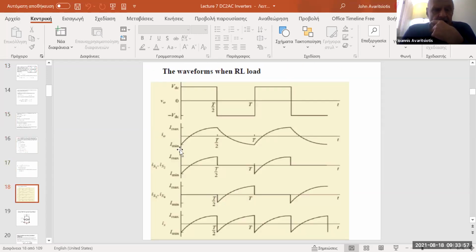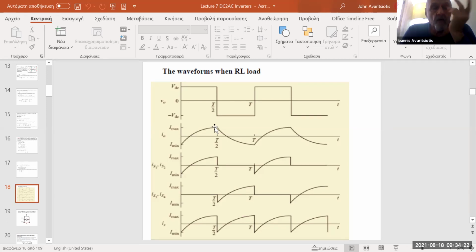And then you would expect in a steady state situation, in other words when you have repetitive switching on and off of the pairs of the 4 switches, the current will increase from this minimum value to a maximum value exponentially.